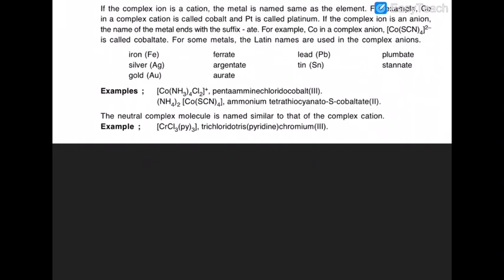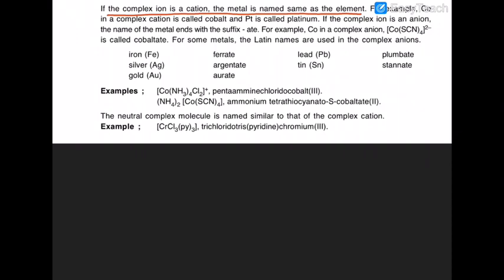Now the next point is very, very important. If the complex is an anion, then what can happen? If the complex ion is a cation, the metal is named as the element. So nothing to worry.